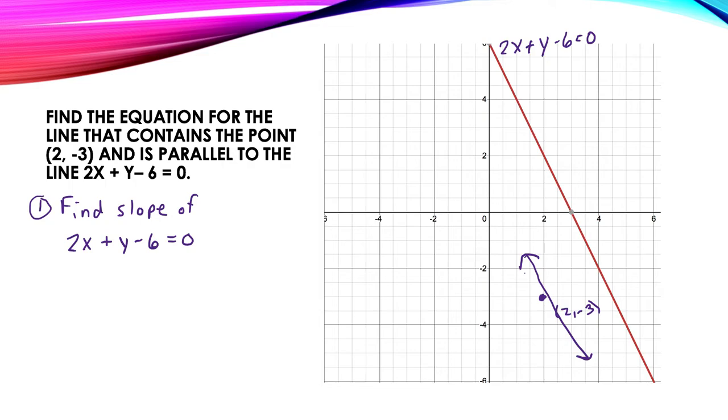So in order to do that, I'm going to get y by itself. I'm going to add 6 to both sides of this expression. So that's going to give me 2x + y = 6. And then I'm going to subtract the 2x from both sides.